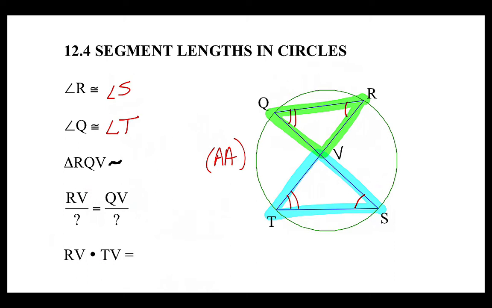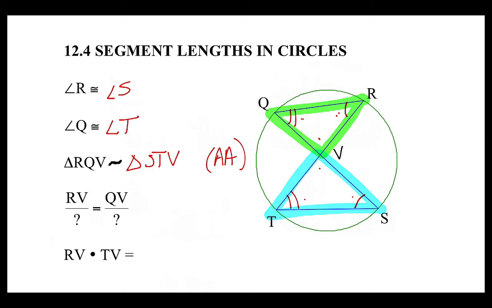Not congruent, one of them is possibly bigger than the other, but they are similar. All of their angles match. So let's see if we can write the statement of similarity correctly. If I start with R to Q to V, I'm going from the markings of 1 to 2 to none. So I'd have to go from 1 to 2 to none, which would be triangle STV.